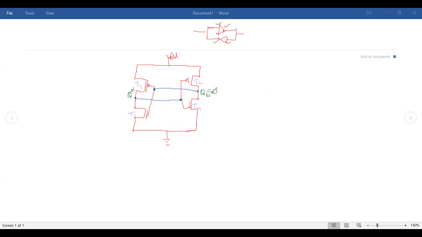Which transistors will be responsible for leakage of current? Can anyone tell me? Out of T1, T2, T3, T4, which transistors will be eligible for leaking the current? T3 and T2. Yes, it's T2 and T3.